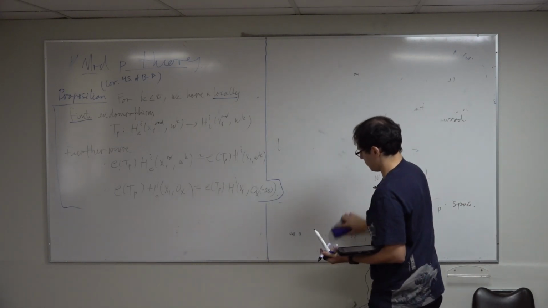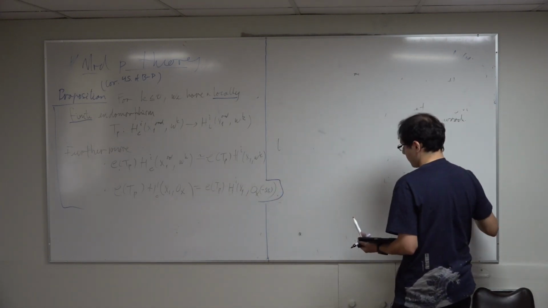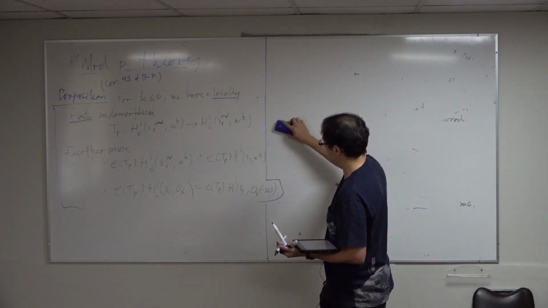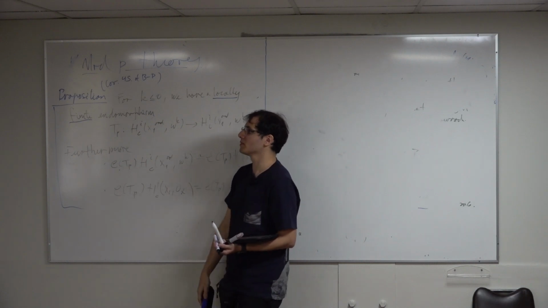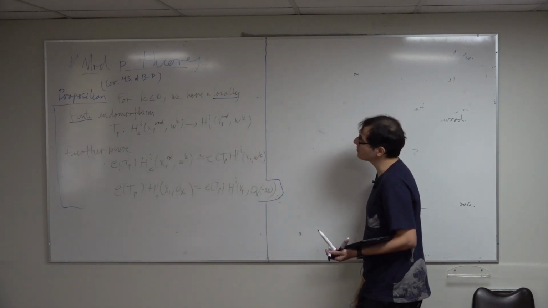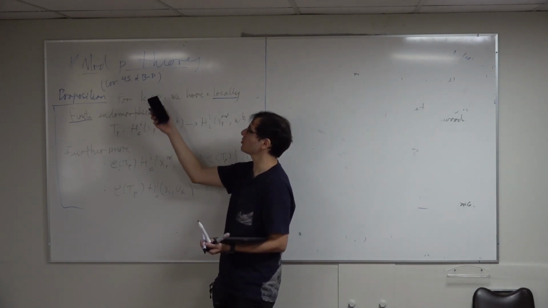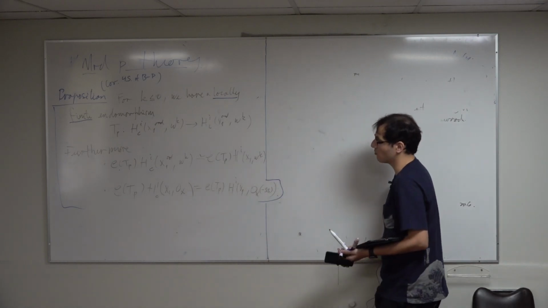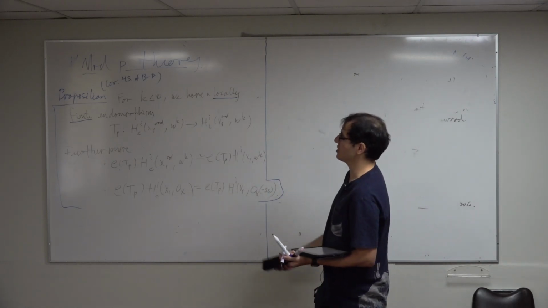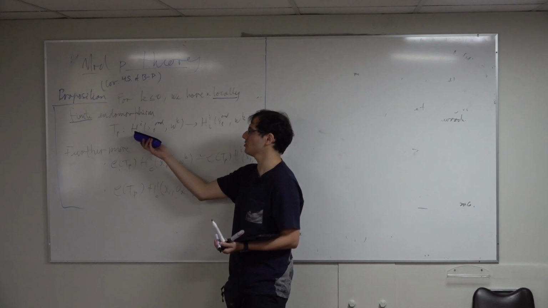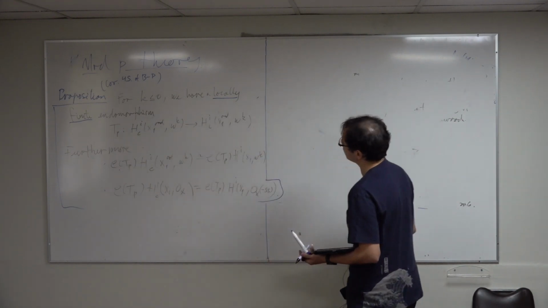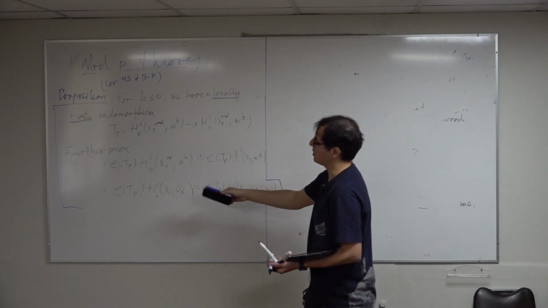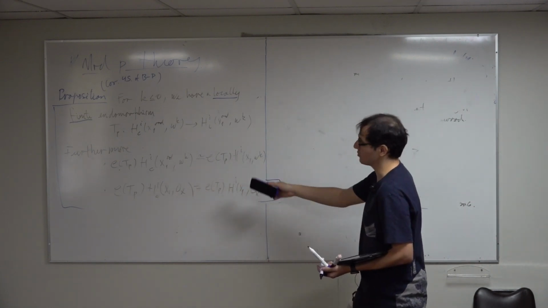Maybe also, while I erase, I forgot there is a version of this proposition for k. Here k is non-positive, but there's a version for k greater or equal than 2. Here, instead of compactly supported cohomology, there will be just the cohomology, and there's a very similar result on this topic.